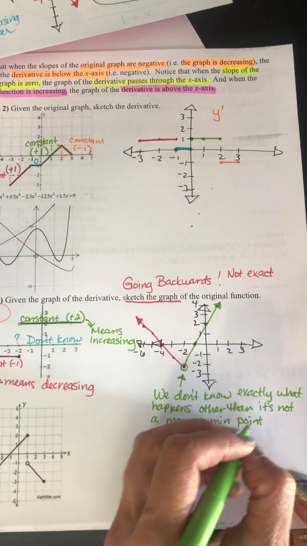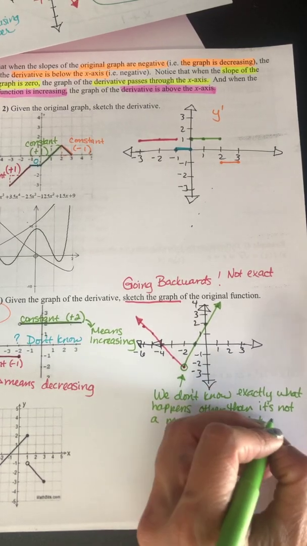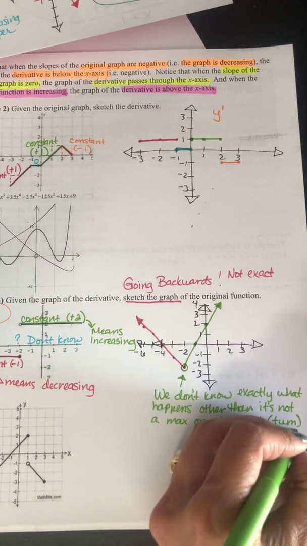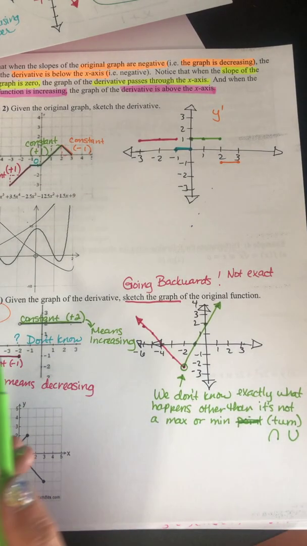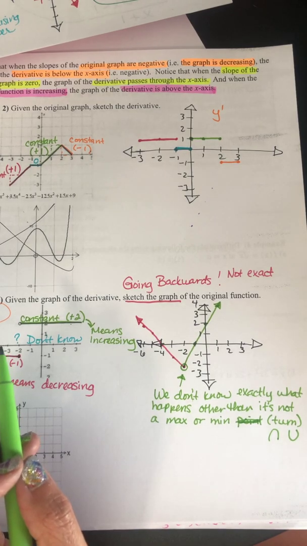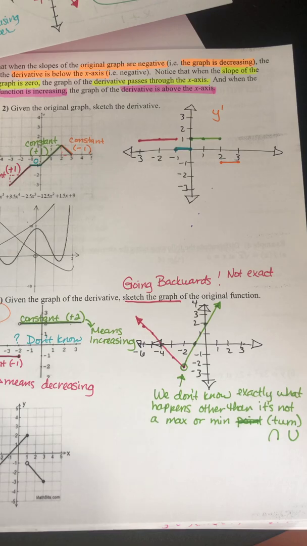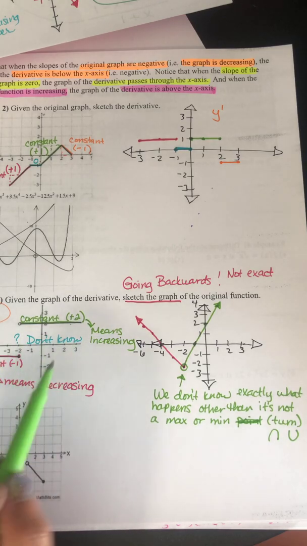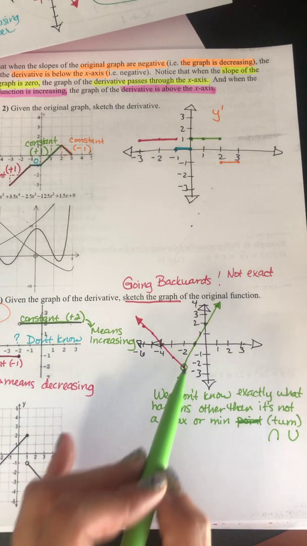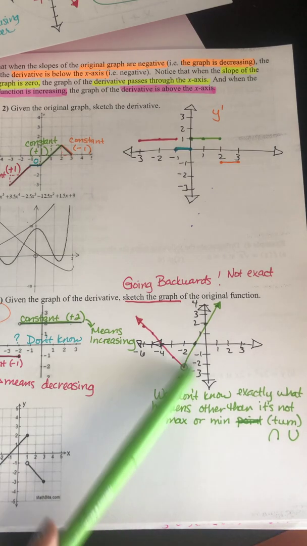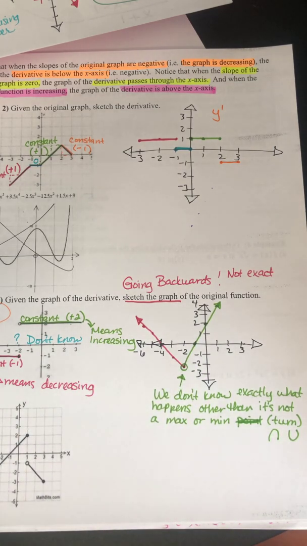Or, sorry, max or min, probably should put turn. Like a U-shaped graph. It would be if we had a slope of 0 in here, but we don't have anything that shows that. So we don't know exactly what's happening at that turning point. We do know it's not a U. It's not an actual curved turn. Okay, it's a sharp turn, not a curved turn.